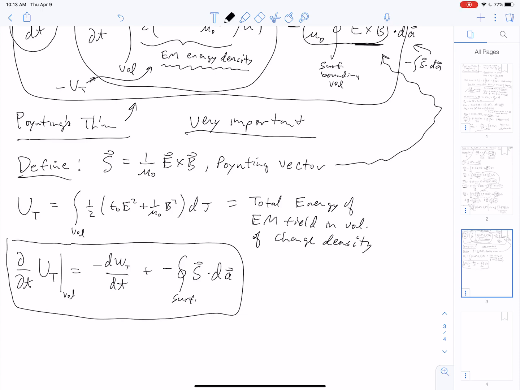And what I want you to see is that this is just conservation of energy. I want you to see that this Poynting theorem is just an expression of conservation of energy.